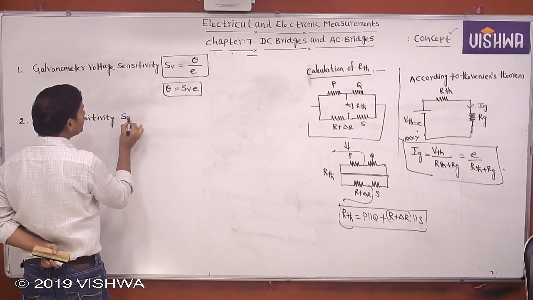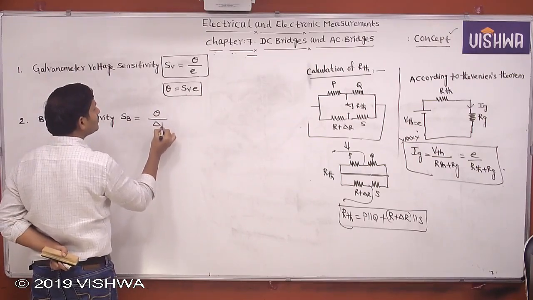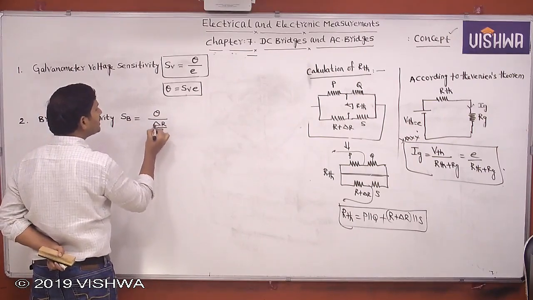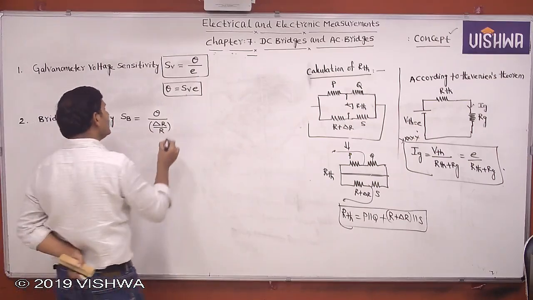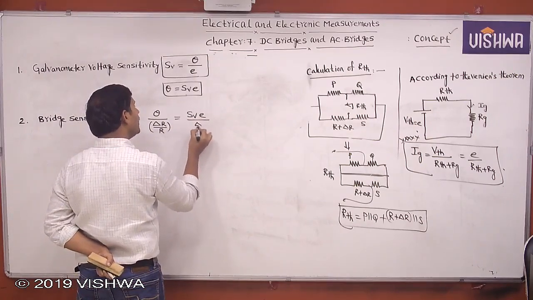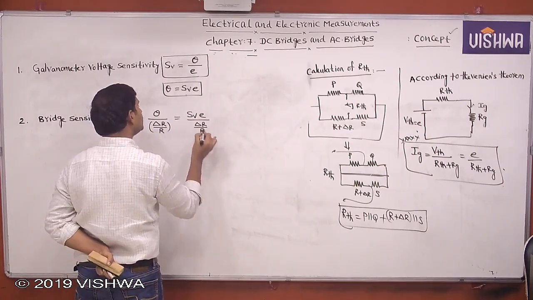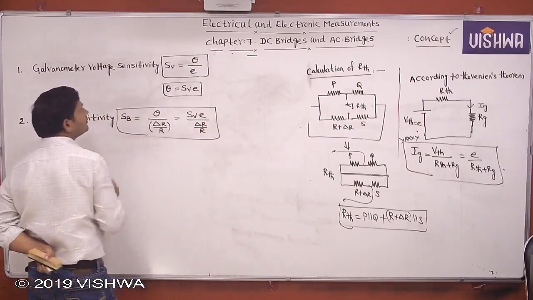SB equals deflection per unit change of resistance, which is nothing but the bridge sensitivity. Then what is theta equal to? SV into E by delta R by R. This is the definition of bridge sensitivity.